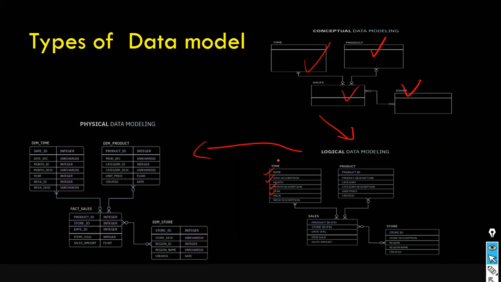You give proper naming. Earlier we used dim for time and product and all. Here we are prefixing these lookup tables like time and product with dim, dimension tables. This dimension table gives the context to the sales amount in this case, right? Items sold and all, these number data types are called your facts. That's the reason we call it fact sales.